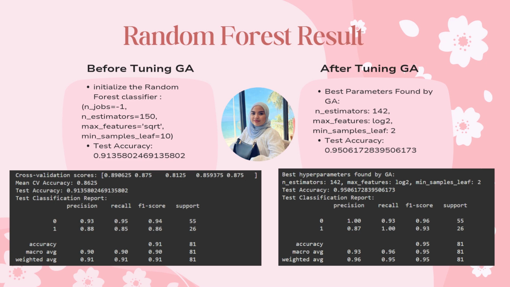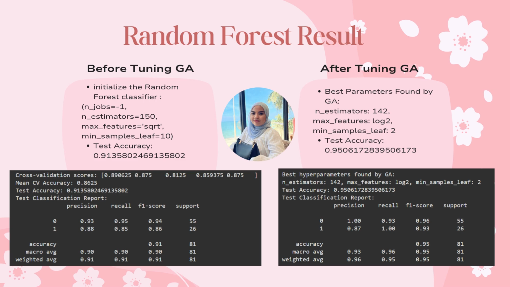So here's the summary of the random forest classifier before the tuning with GA and after the tuning with GA. Before tuning with GA, the n estimators is 150, the max features is square root, and the min samples leaf is equal to 10, which gave a test accuracy of 0.91.